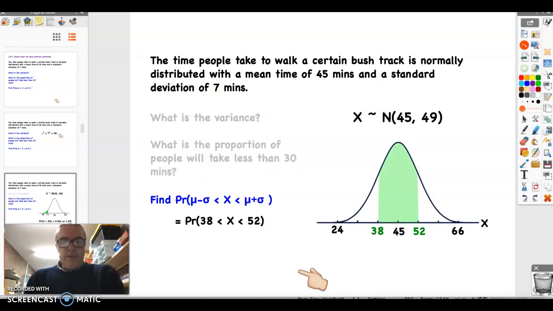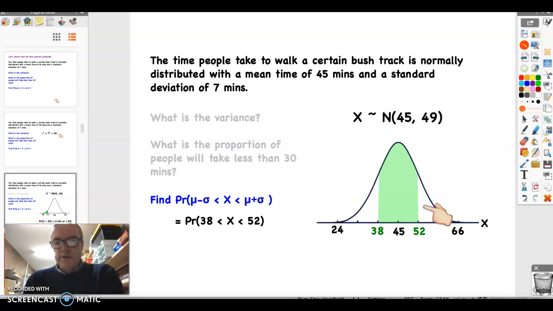Our next question concerns the probability that the amount of time will fall somewhere in between 1 standard deviation above and 1 standard deviation below the mean. With a standard deviation of 7, that means the times we're interested in are the times between 38 and 52 minutes.